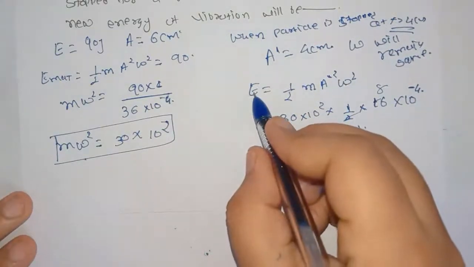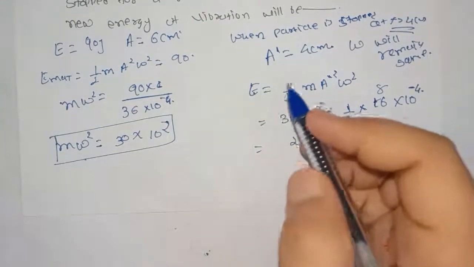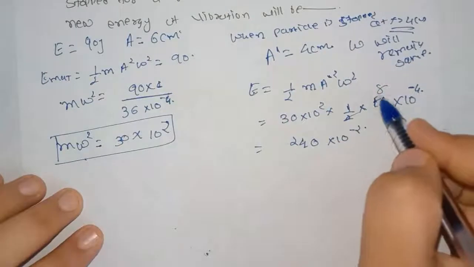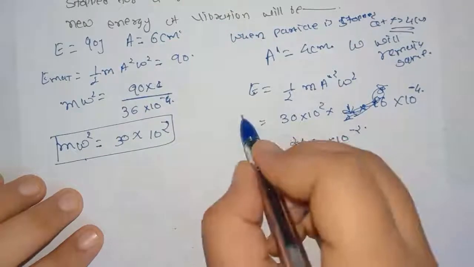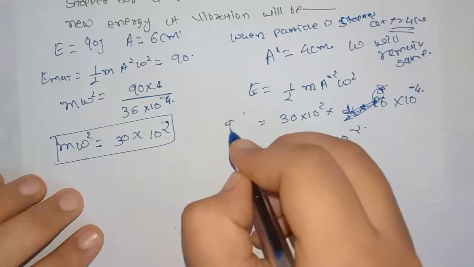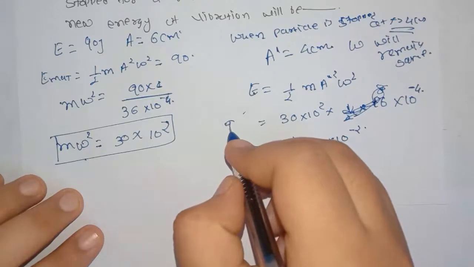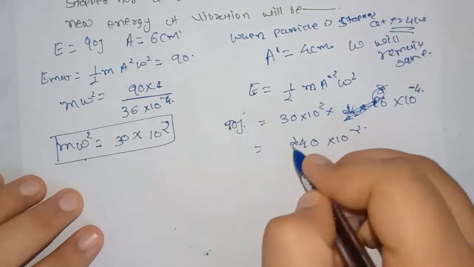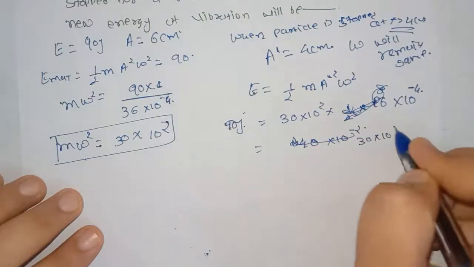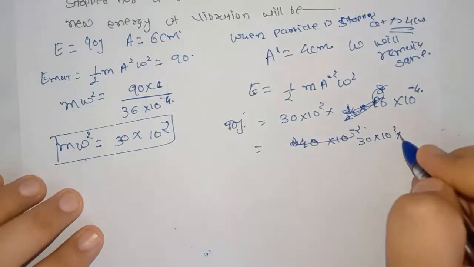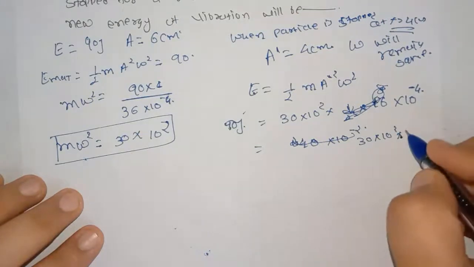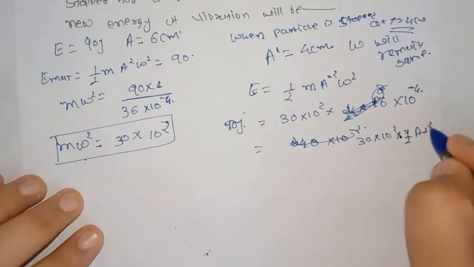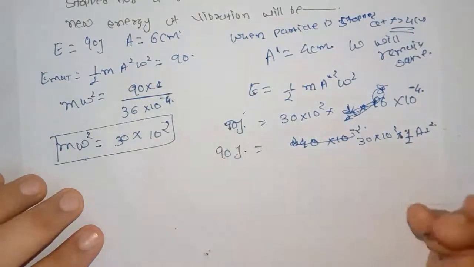The energy will also remain the same as per the conservation of energy. So energy can also be written as, we want to find here the amplitude. So energy is 90 joule, so that will be 30 into 10 power 2 into m omega square half a2 square, that is equal to 90 joule.